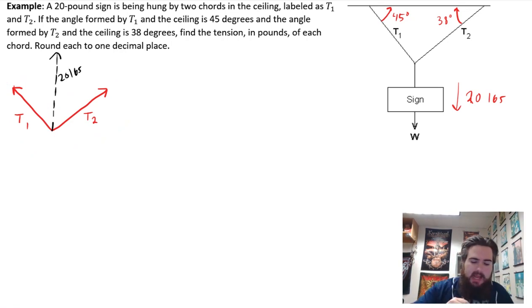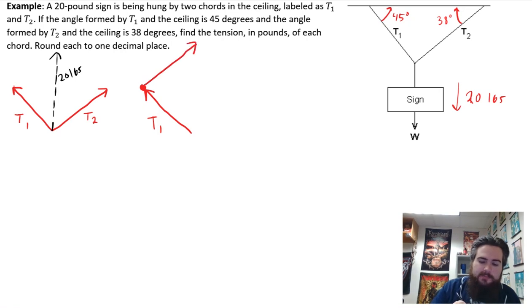For example, I can draw the vector T1 just as it is, and then from the terminal point of T1, I can then draw T2. T2 from the terminal point of T1 is going up and to the right, so I'm going to draw my vector for T2 accordingly.